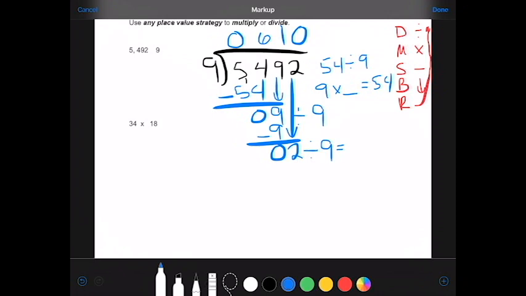You have to put the 0 above the 2. If you don't, it'll be the difference between an answer of 61 or 610, and 61 would obviously be wrong. So then we go 0 times 9 is 0, and you subtract and you get 2. Since there's nothing left to bring down, the 2 becomes your remainder.